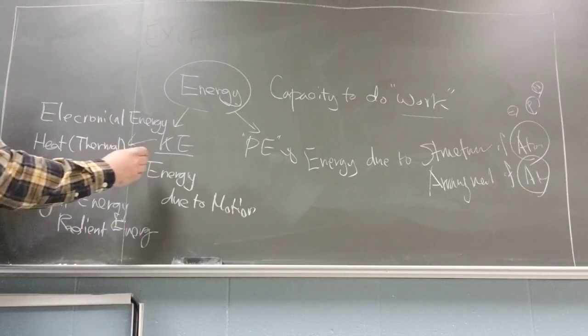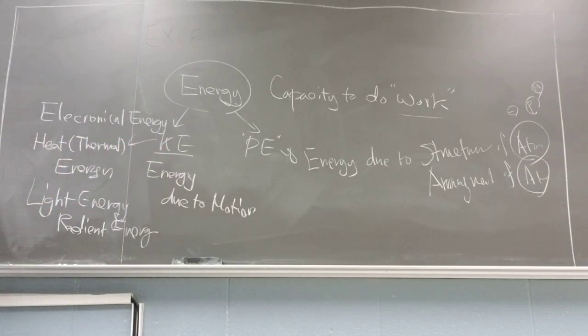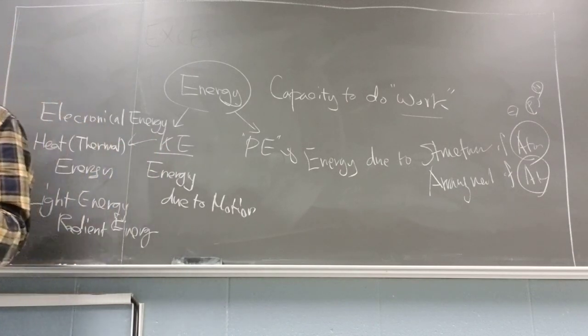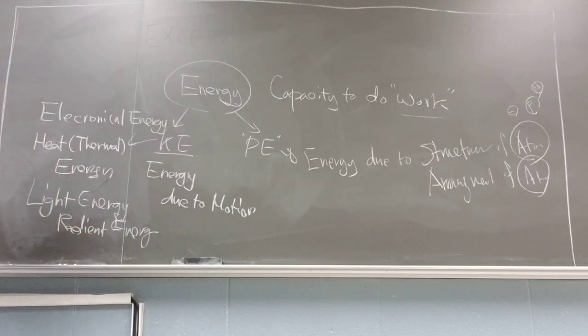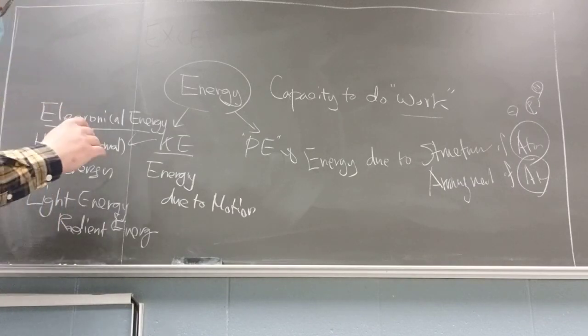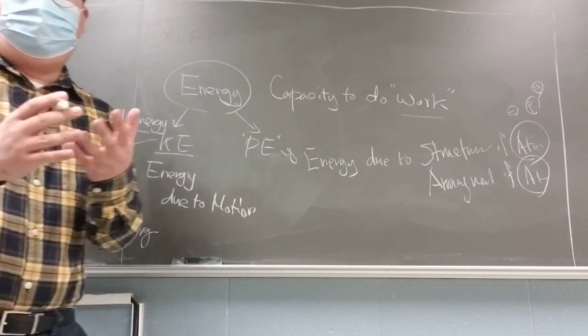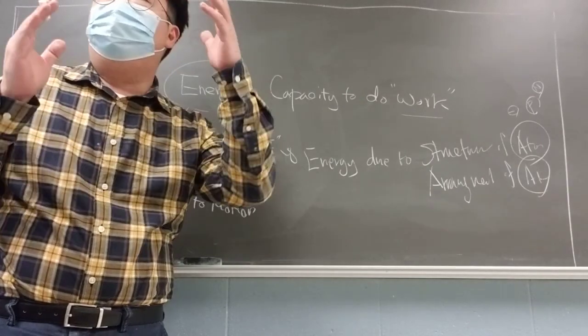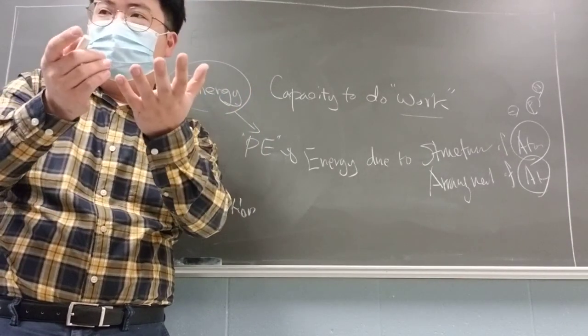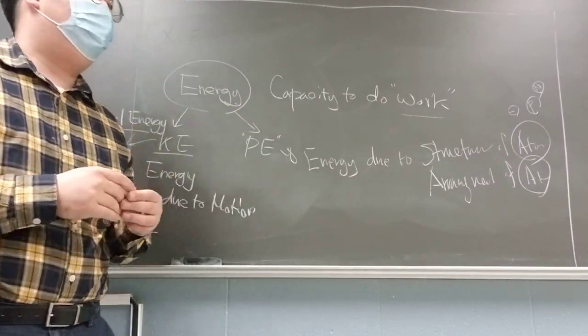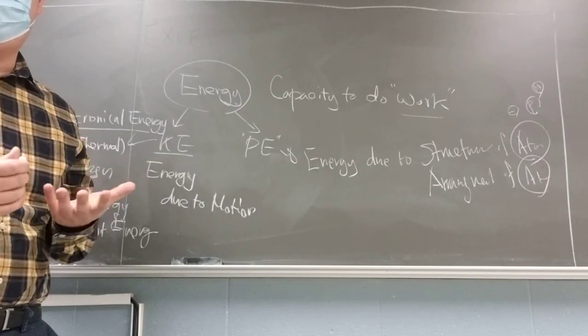These are all kinetic energy because they are types of energy created by the motion of something. Electrical energy comes from electrical charge motion, like in electricity. You're going to have a certain motion of electrons or protons.